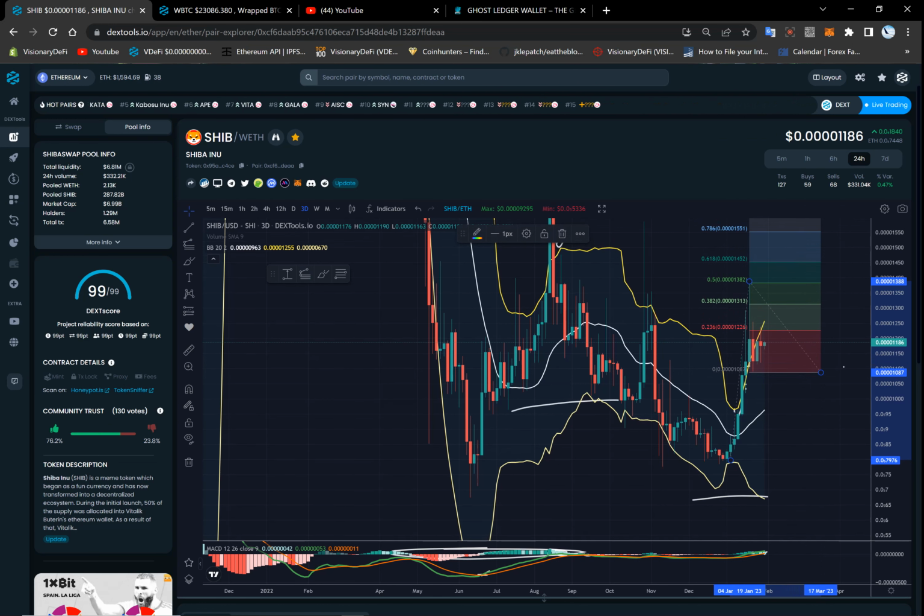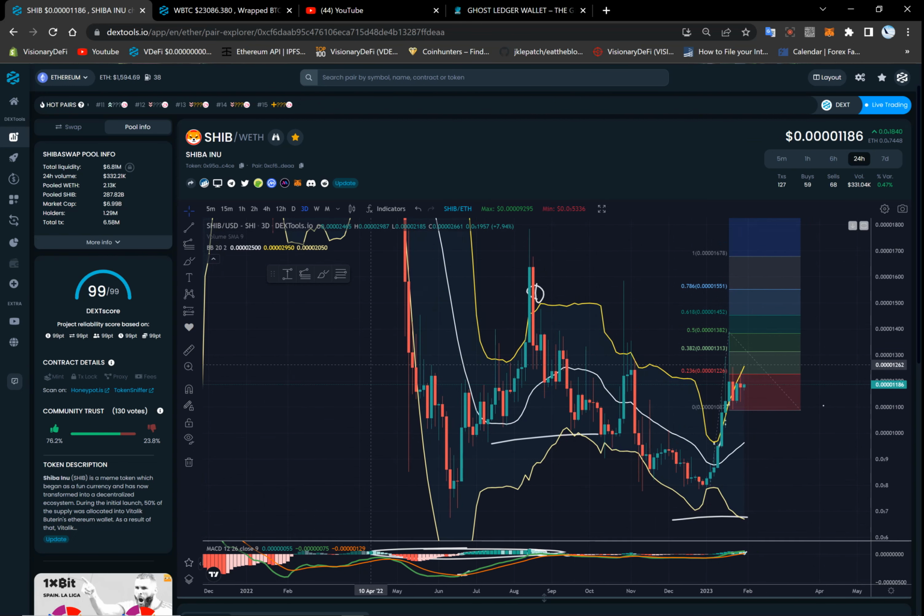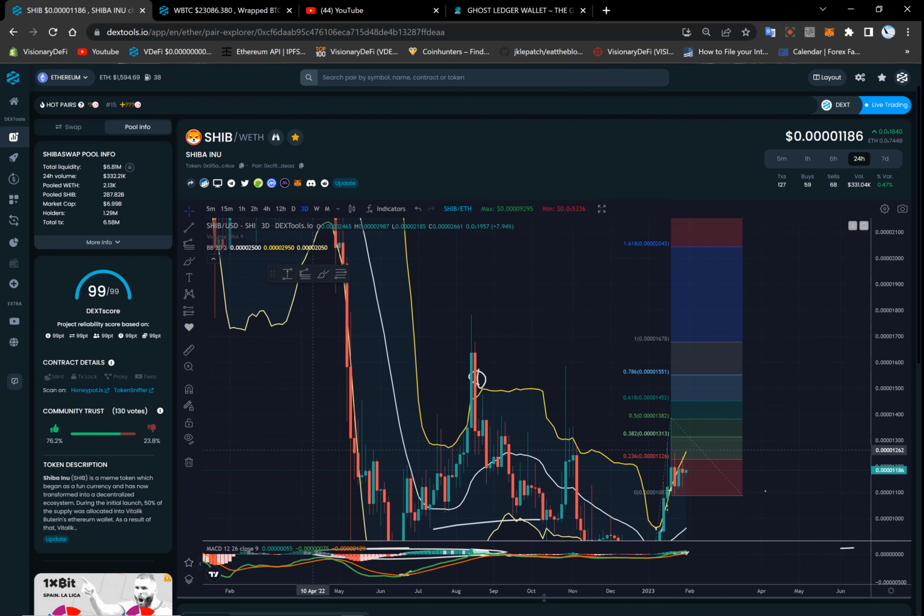So you will know exactly where to take your profits, and then just wait for the price to come back down, and then you buy it back again, and this is how you continue to triple and even accumulate so many coins.